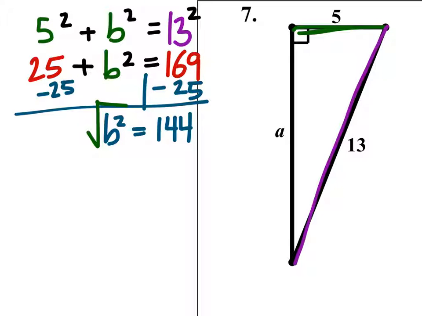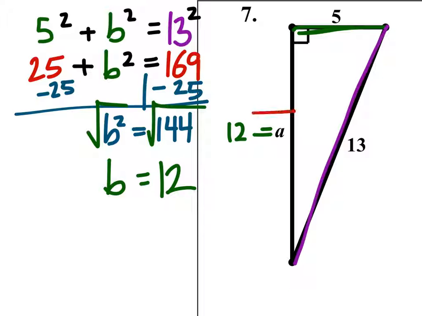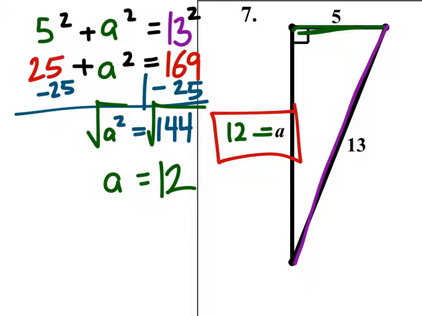So we're just going to square root both of these, which leaves us with, I guess it was a, wasn't it? 12. But remember, the legs don't matter, so we'll say a is 12. Is 144 simplified? The square root of 144 is 12. I could go back and replace the units. There we go.